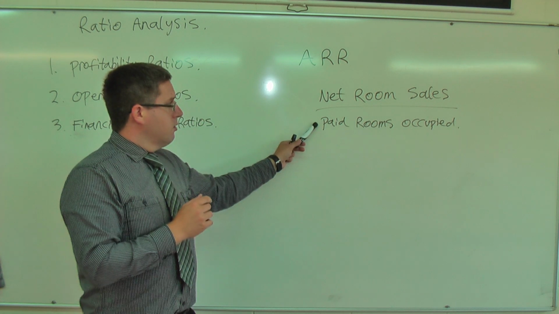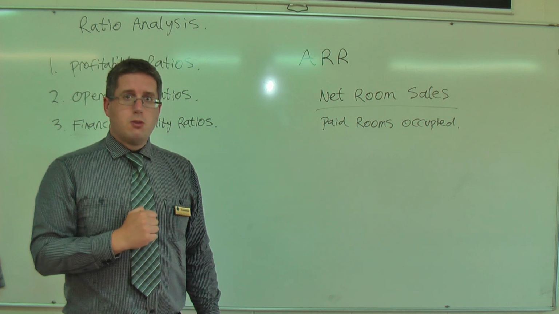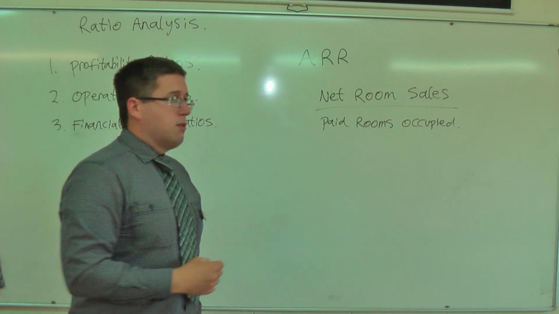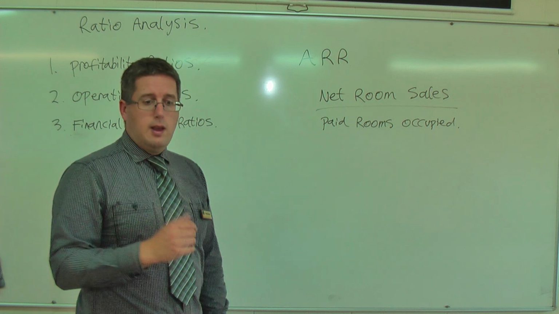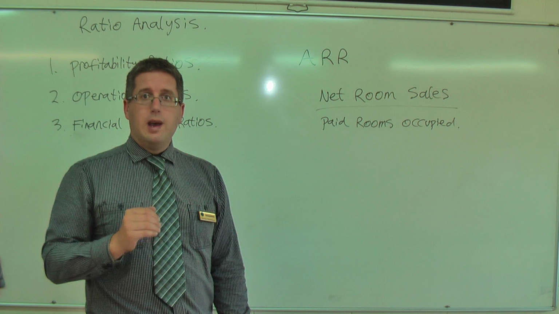Or this could also be the actual number of rooms sold in a period. So you look at revenue for the month, revenue for the year, divided by the number of rooms sold during that year, and that gives you the average room rate or the average daily rate, ADR.